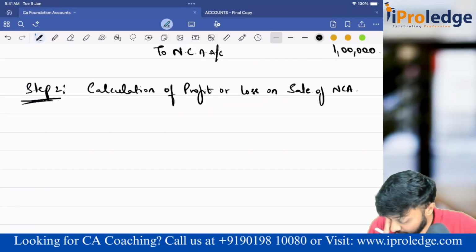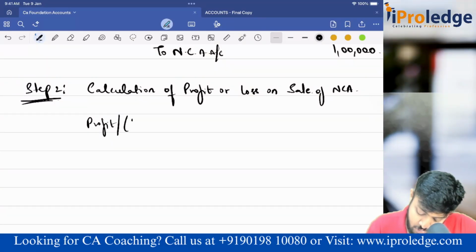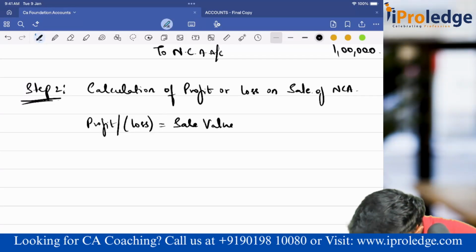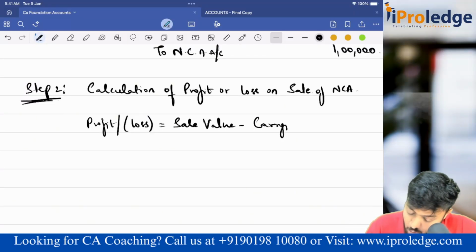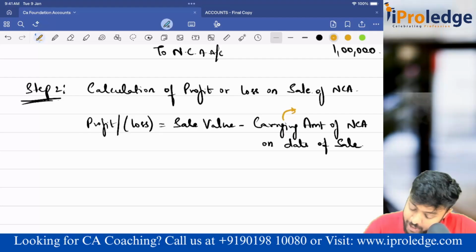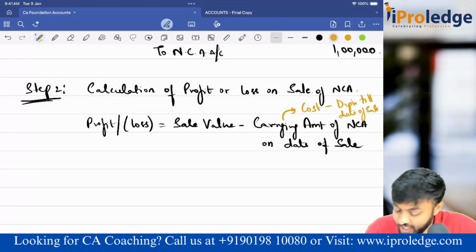So what you have to do is, profit or loss is equal to sale value minus carrying amount of NCA on date of sale. So what is carrying amount? Carrying amount means cost minus depreciation that is given till date of sale. Okay, cost minus depreciation till date.